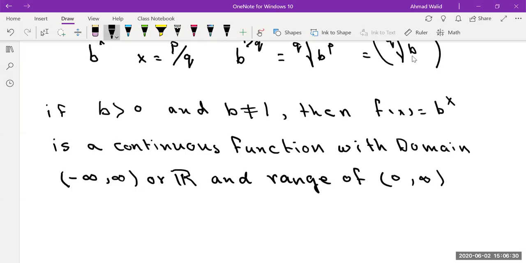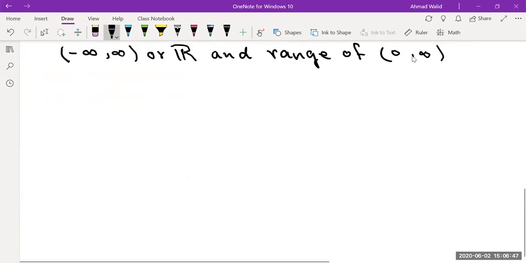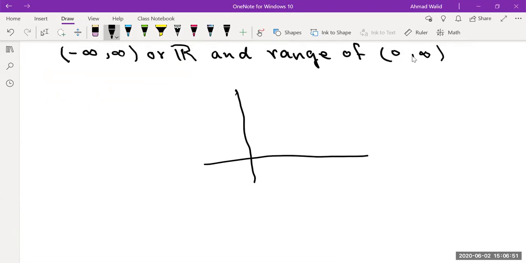Also, b cannot be equal to 1. Why not 1? Because 1 to any power gives you 1, you will end up with a straight line. Soon I'll show you in the graph. b cannot be 1 and b should always be greater than 0. Then you end up with such a graph, which is the graph of b to the power of x. Maybe the graph goes this way.